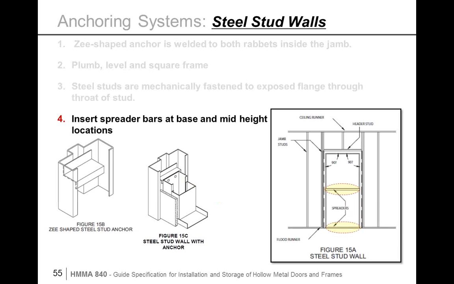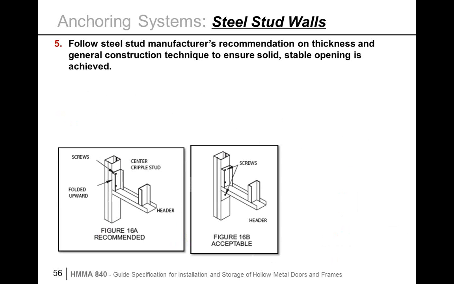Now, once the anchors are installed, the spreader is set at the base and the mid-height. The frame is totally squared and leveled. In the attachment of the frame to the studs, there are recommendations on how to stud the walls, and the contractor needs to really ensure that that happens.